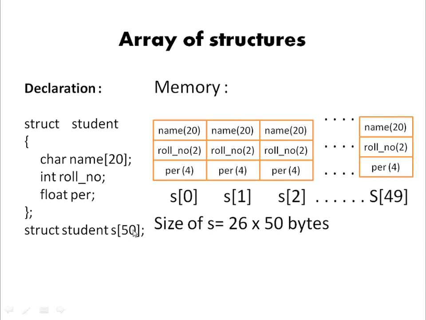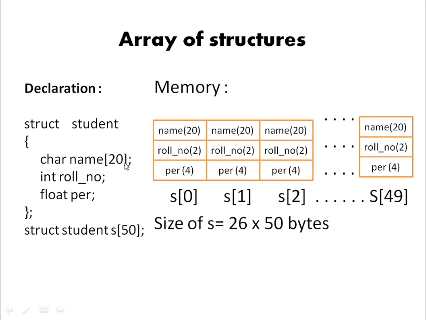When I say s of 50, it means that there will be 50 variables created as s of 0, s of 1, s of 2 and so on till s of 49. Every array variable will again have separate structure members. S of 0 will have its own name which will be allocated 20 bytes, because name is of type character, character is 1 byte and the square bracket is 20.